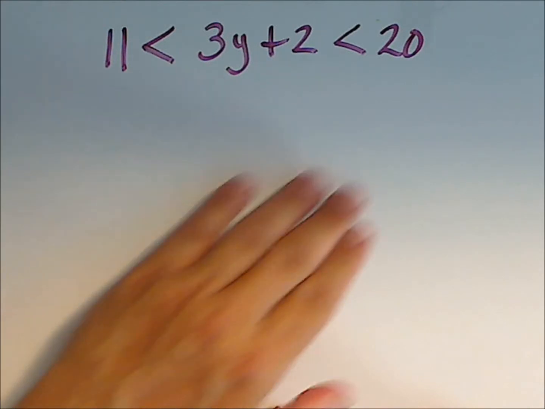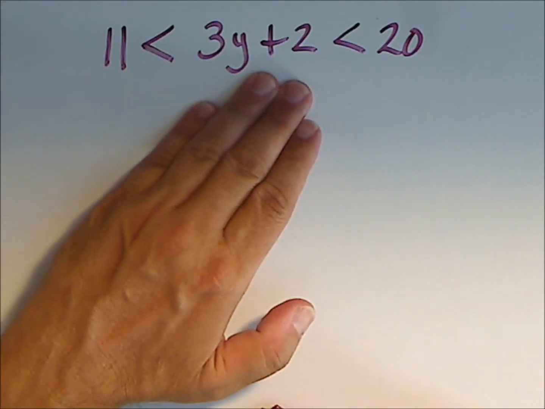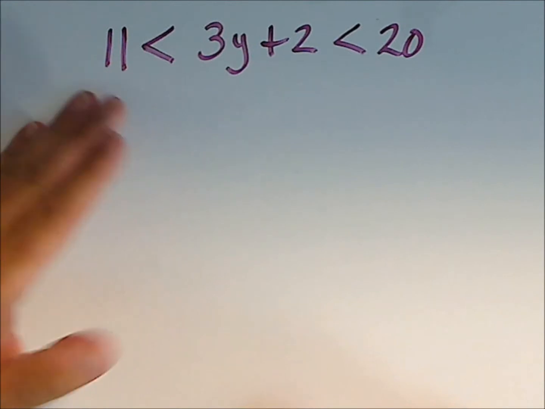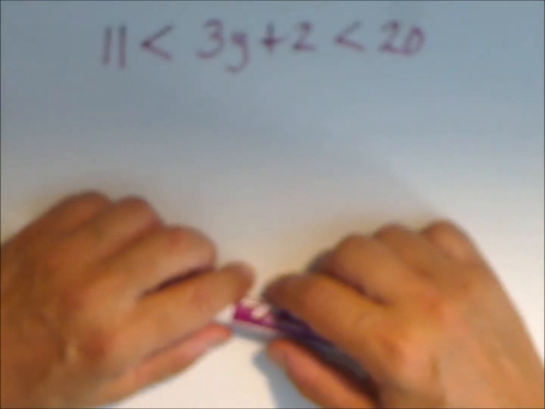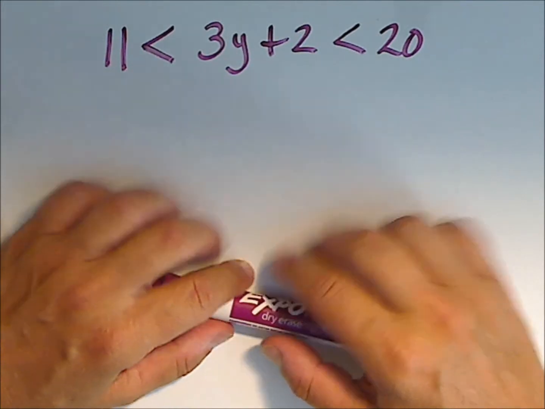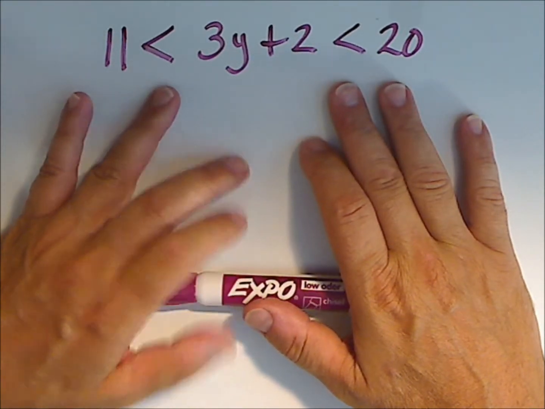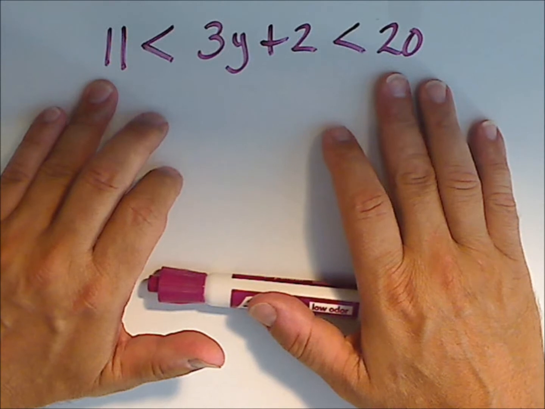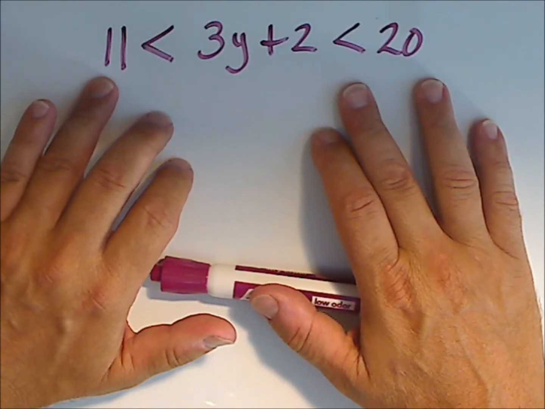So let's solve this how you normally solve this with algebra, as if these were equal signs, which you wouldn't see because 11 doesn't equal 20 through the transitive property.